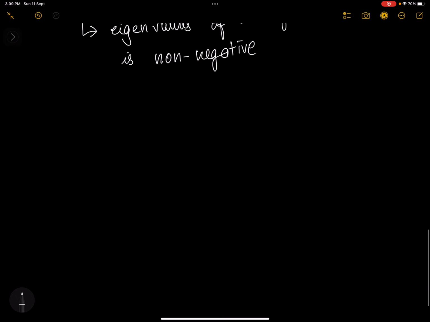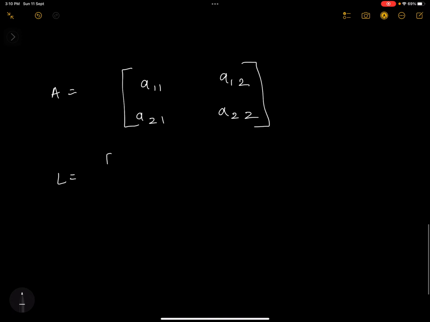Let's do this. Given a matrix A, which is defined by A11, A12, A21, and A22, its lower triangular matrix, let's say, is defined by B11, 0, B21, and B22.